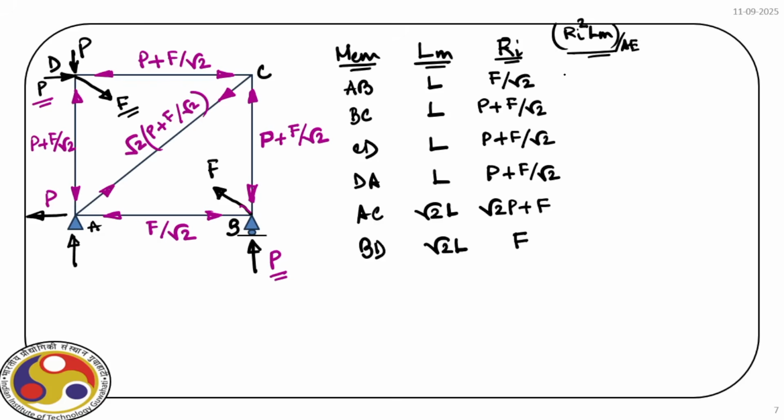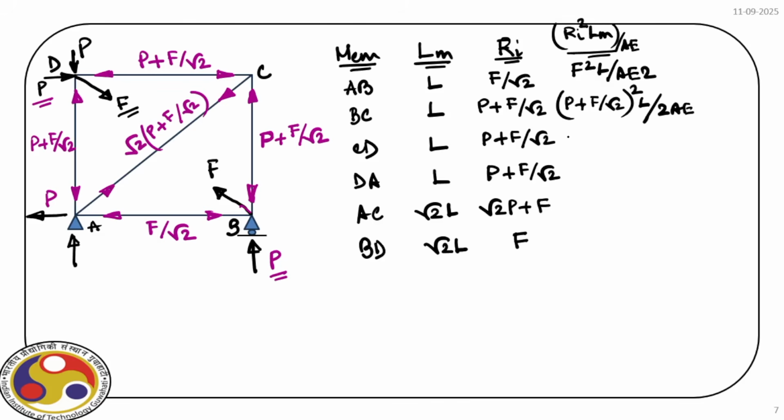For the first one, we have F square L divided by AE. For the second one, we have P plus F by root 2 whole square times L divided by actually twice AE. So we have a 2 here.